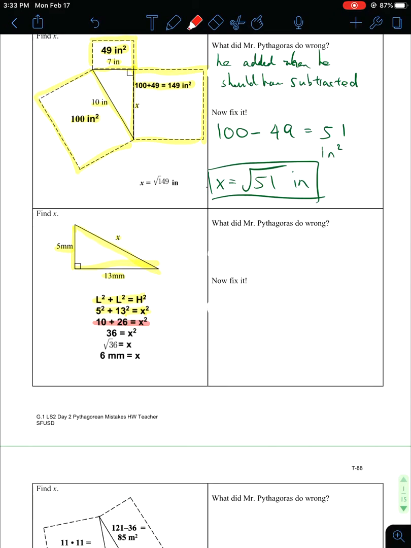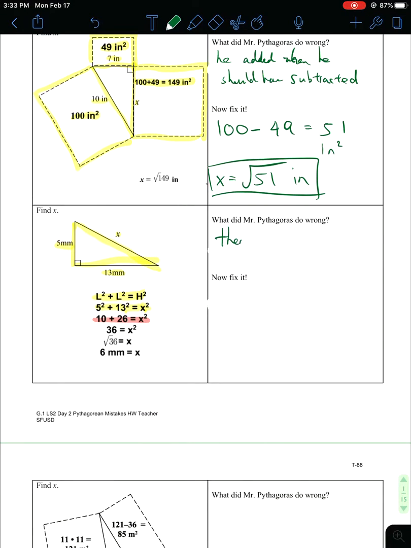5 squared is not 10, 13 squared is definitely not 26, so they squared wrong. More specifically, they doubled instead of squaring.